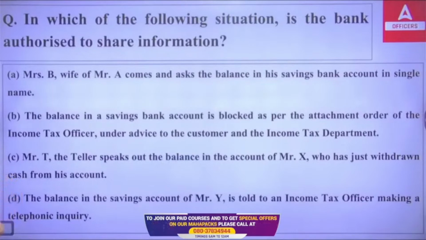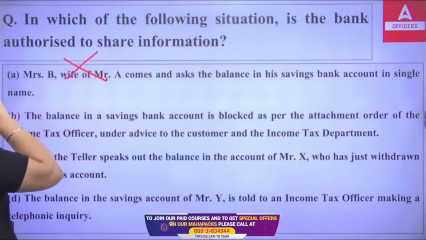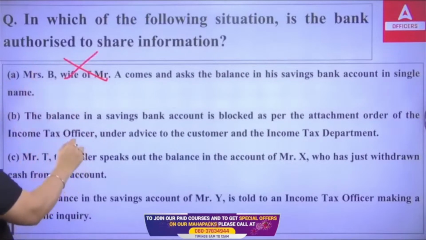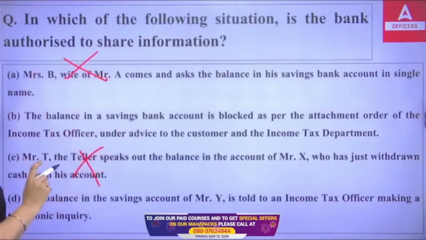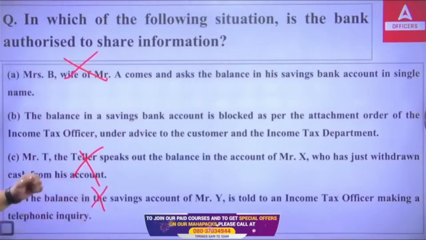In the case of a wife asking about the balance in the husband's account, it is not allowed. In the case of Mr. T, the teller speaking out the balance in the account of Mr. X, not allowed. The balance in the savings account of Mr. Y told to an income tax officer making a telephonic inquiry, can't do that.